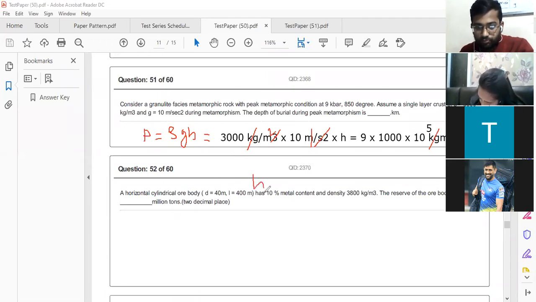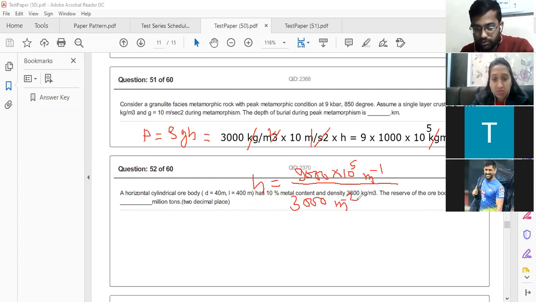Now you have 9,000 multiplied by 10 to the power 5 per meter, divided by 3,000, kg per meter square, multiplied by 10.